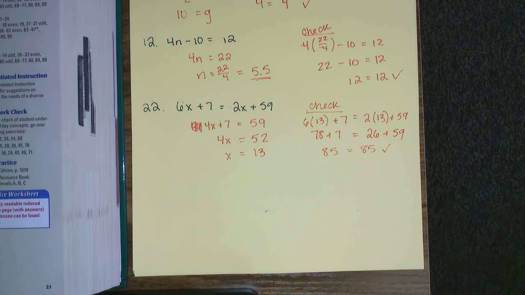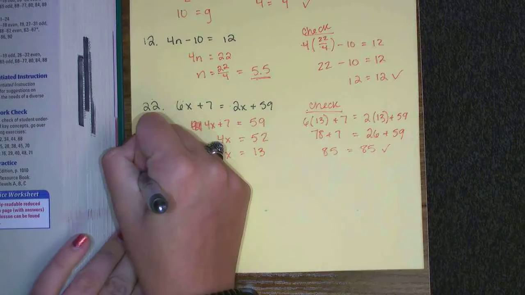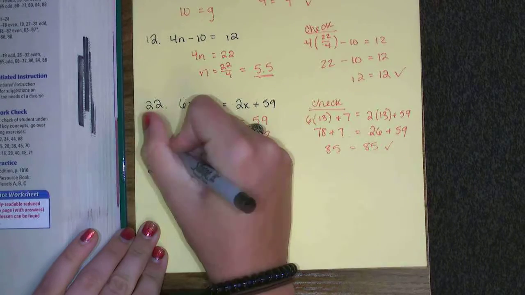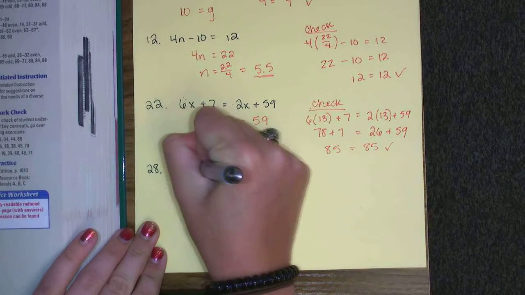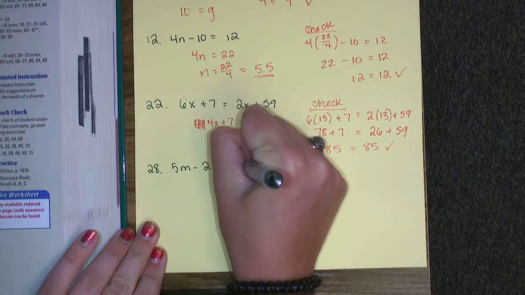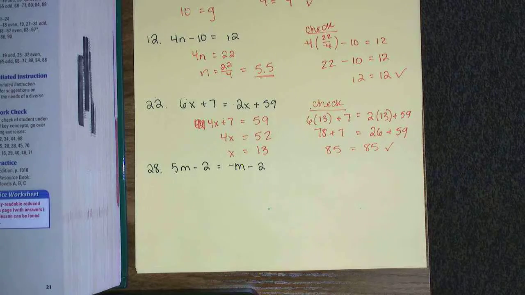All right. Let's do 28. 5m minus 2 is equal to negative m minus 2. Add m to both sides.